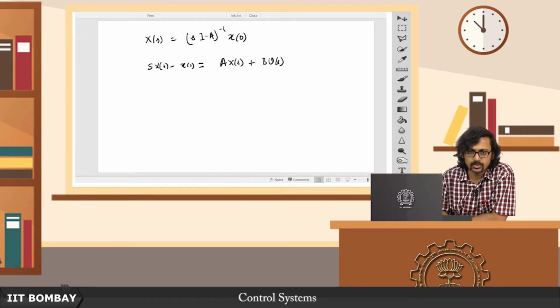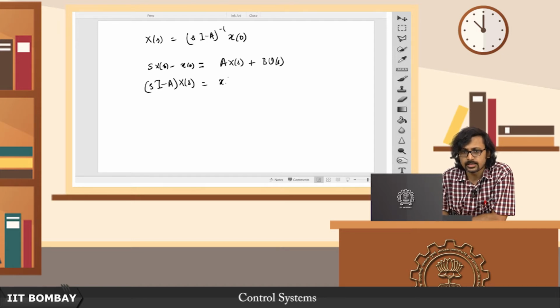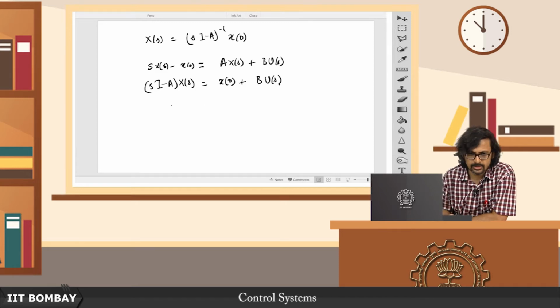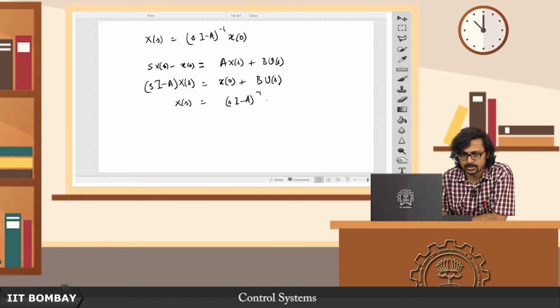This is what we generally get, and then we write that as (sI minus A) times X(s) is equal to x0 plus BU(s), and then we take the inverse on both sides and we get (sI minus A) inverse x0 plus (sI minus A) inverse BU(s).